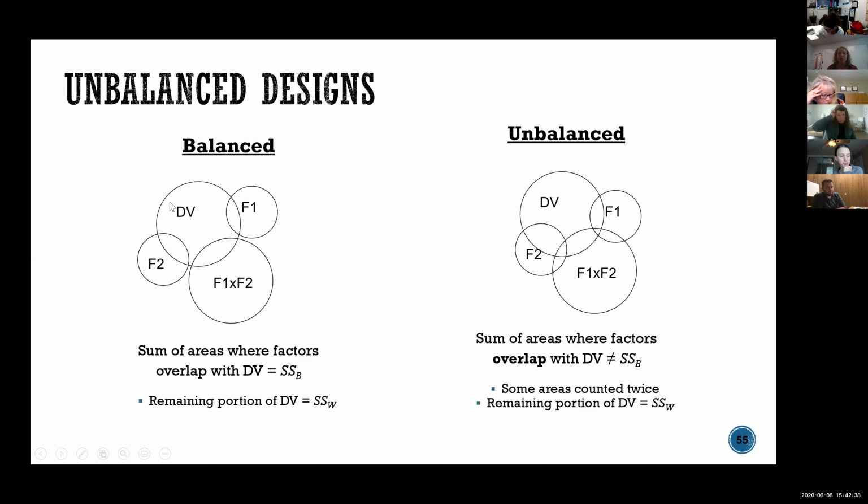So here's a picture. For balance, notice here's our dependent variable. Each of the factors, factor 1 and factor 2, and the interaction, they all account for some of the variance in the dependent variable. Notice how these circles are all not overlapping. They're all separate. If you have all of these, they add up nicely. But if you have unbalanced, different sample sizes, it's like the bubbles are overlapping and stuff gets counted multiple times.